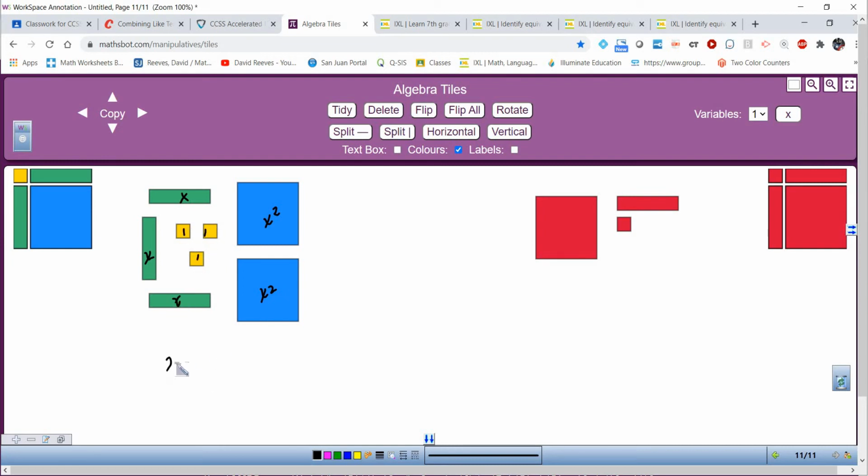This would represent 2x squared plus 3x plus 1. Does that make sense? 2x squared plus 3x plus 1. All right, that is an expression. Later on, you'll learn this is actually called a polynomial, specifically a trinomial.